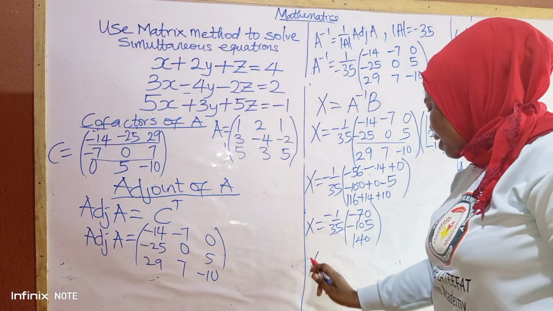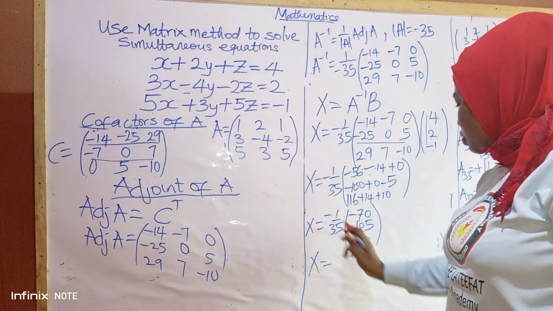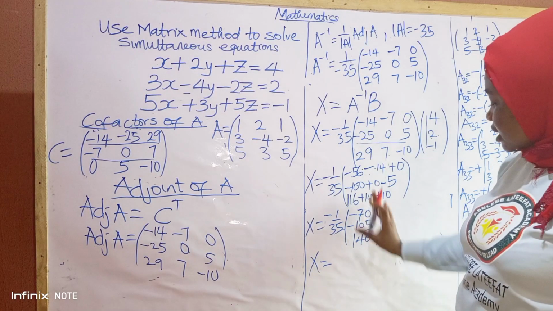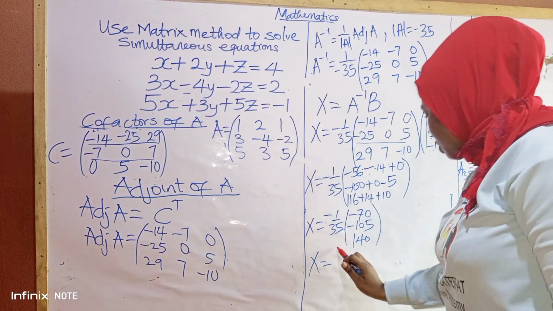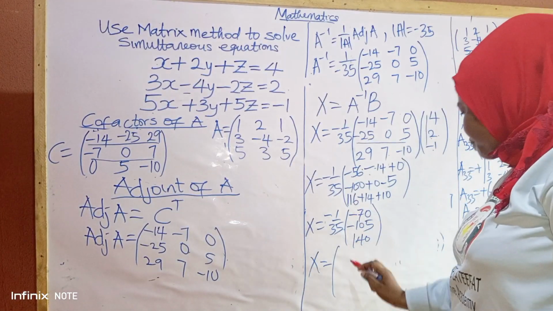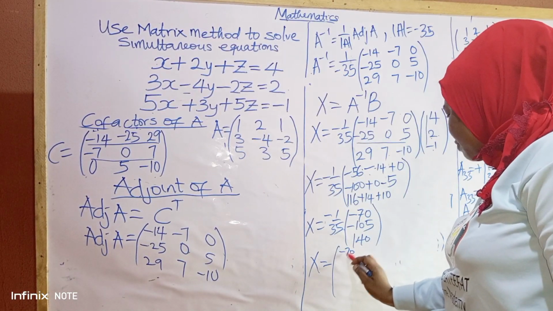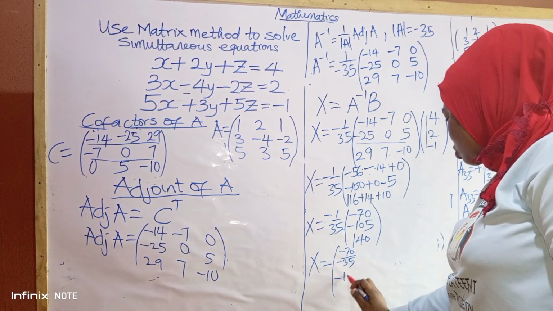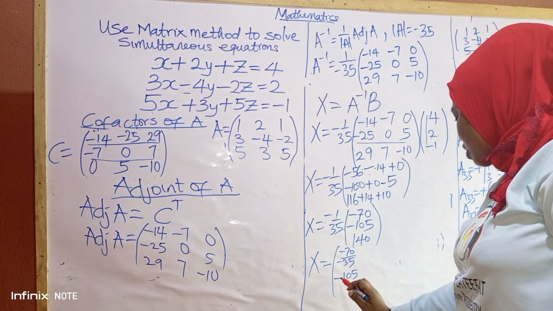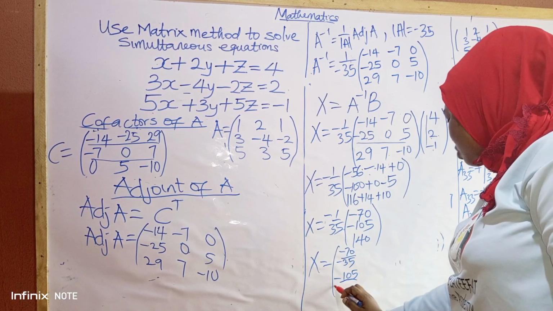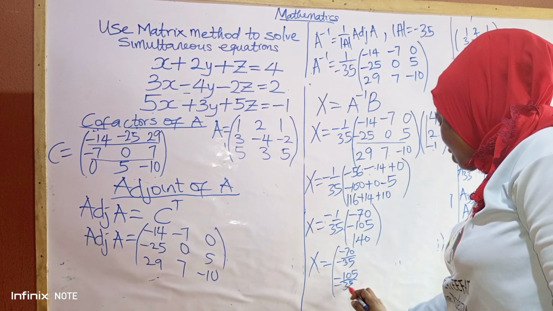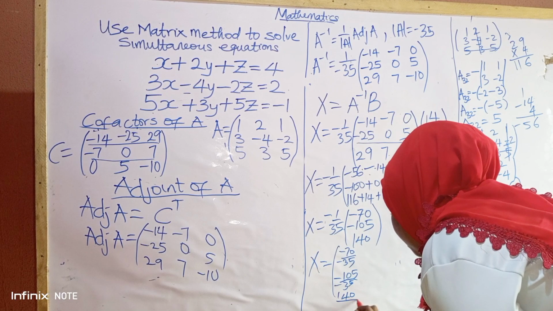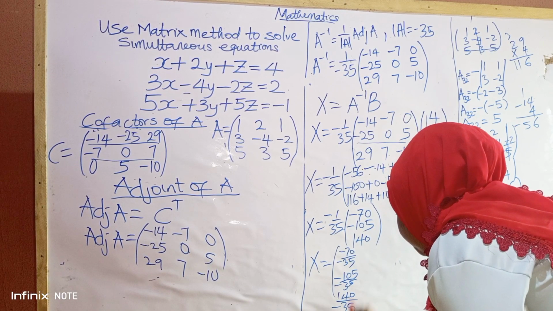So I can say that my x is equal to, let's multiply my minus 1 over 35 by everything inside this column matrix. So I have minus 70 divided by minus 35, I have minus 105 divided by minus 35, and I also have 140 divided by minus 35.